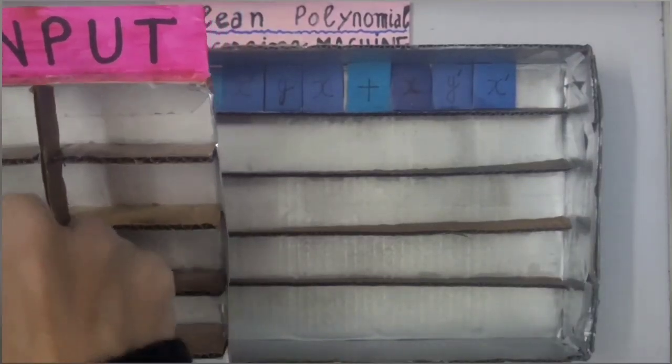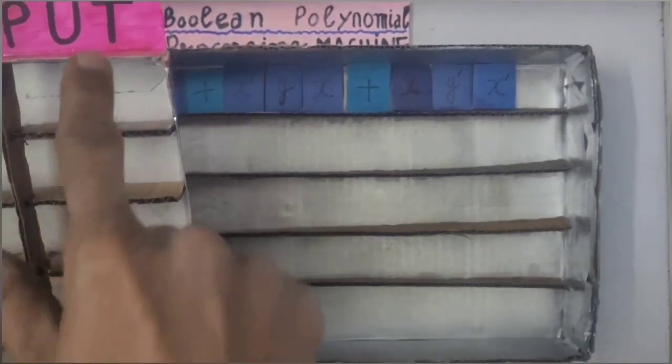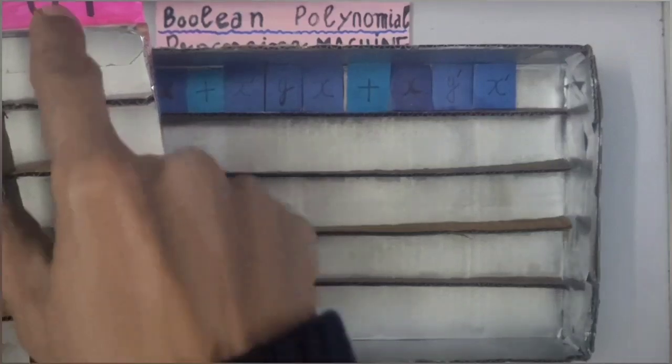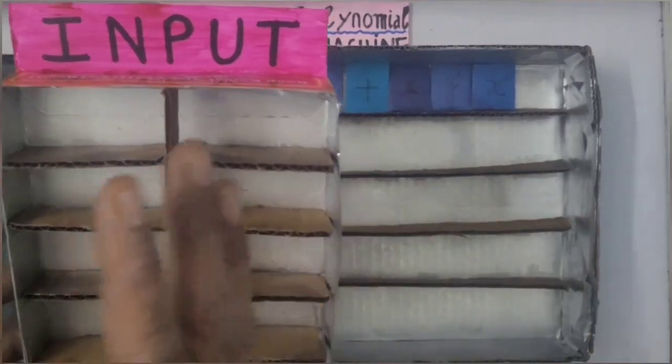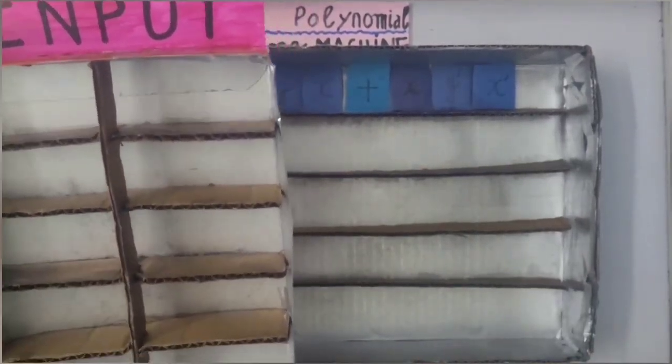So x can take values from 0 and 1, and y can also take values from 0 and 1. So let us see what the various possibilities are that x and y can have, what are the different types of input that you can have.